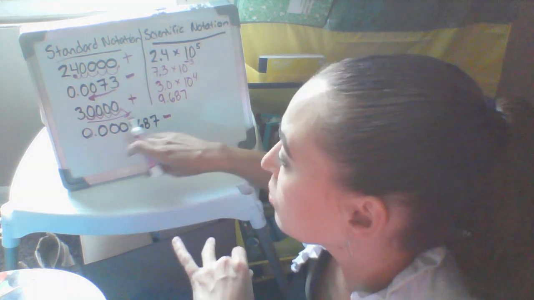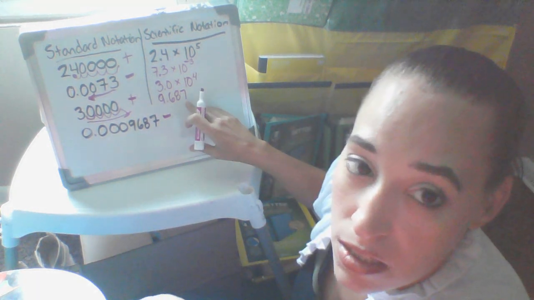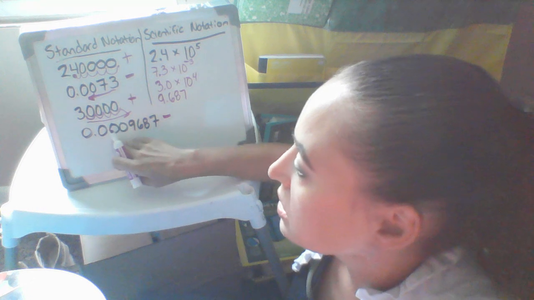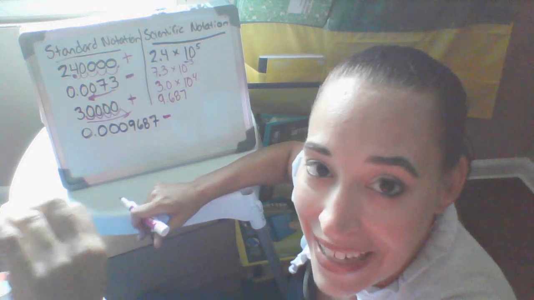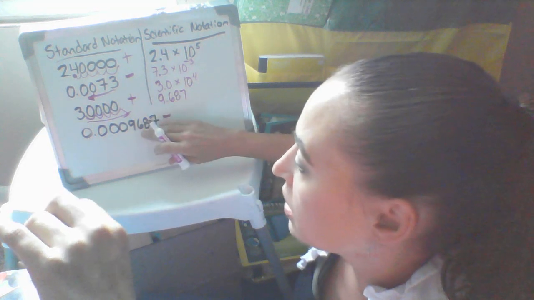And that is correct because it's a number greater than 1 and still less than 10. You can't drop off any of these digits. This number is supposed to be representative of the original number. It's supposed to be the same exact number, just in a different form. If I drop off any of these numbers, it wouldn't be the same exact number.